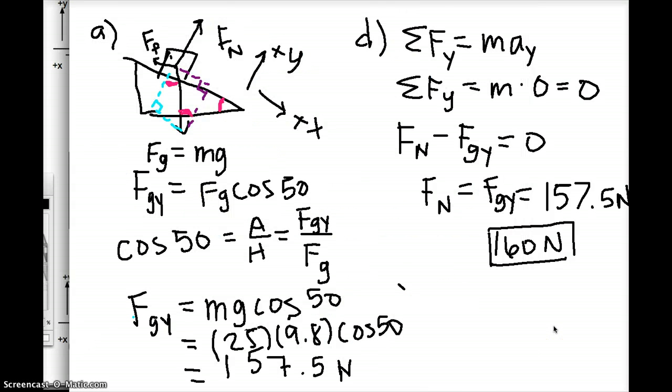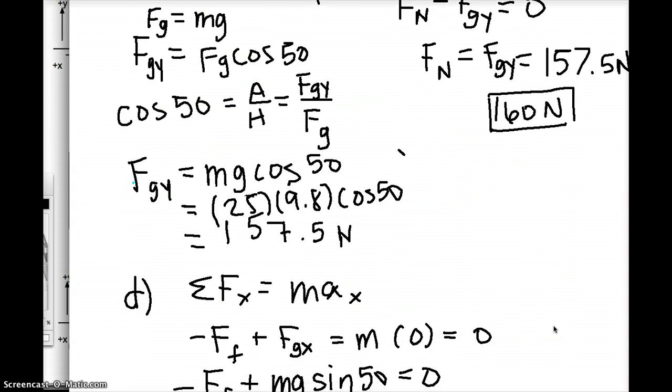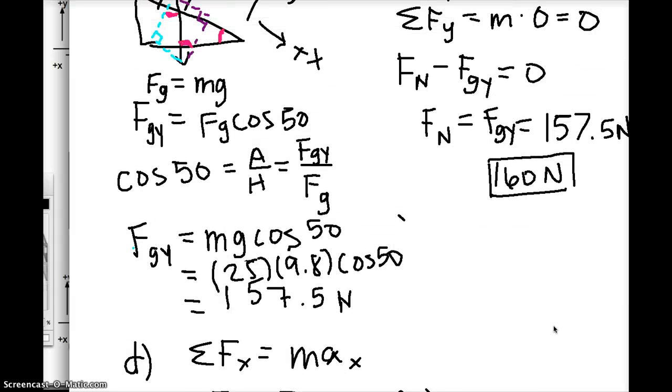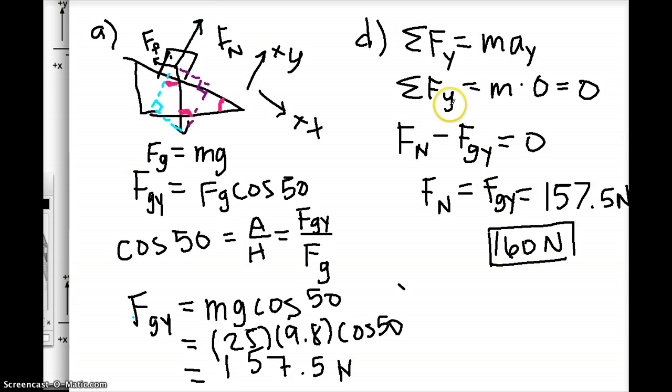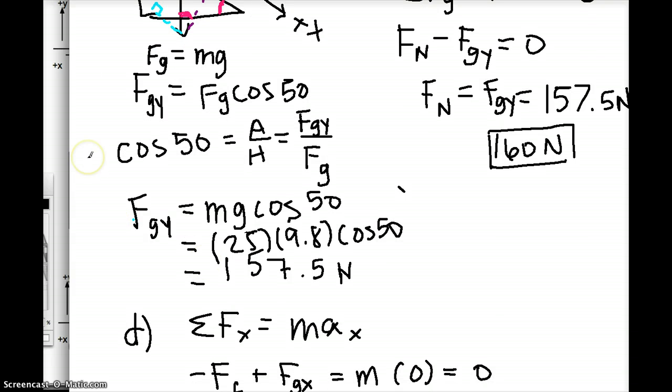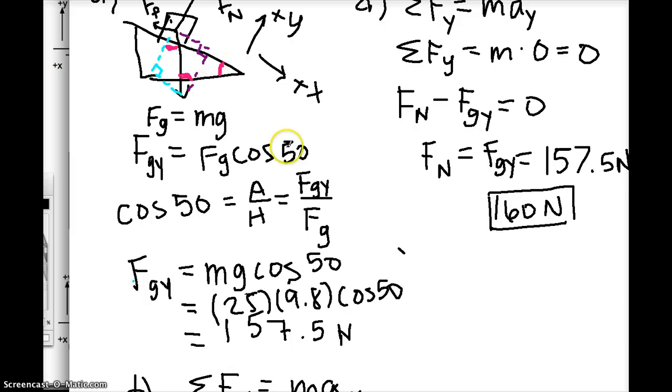So moving on, part D asks to find the coefficient. And the way we want to start doing that, and I've already done the work, I'm just going to explain how I wrote out these steps, but it's a similar approach to how we started the last part. We want to use Newton's second law to take into consideration all the forces acting in the x direction.